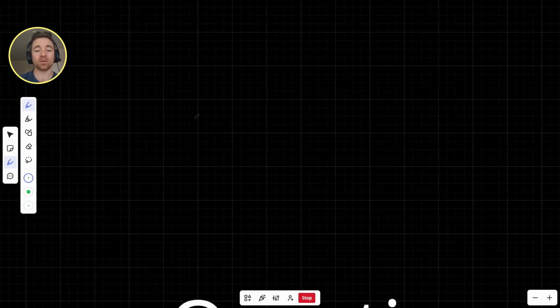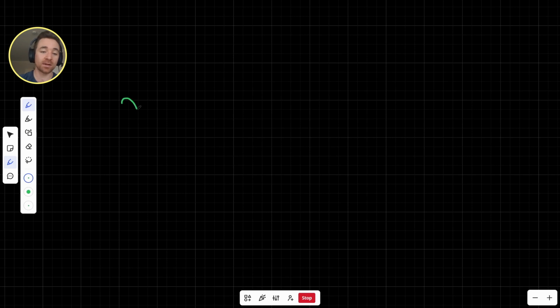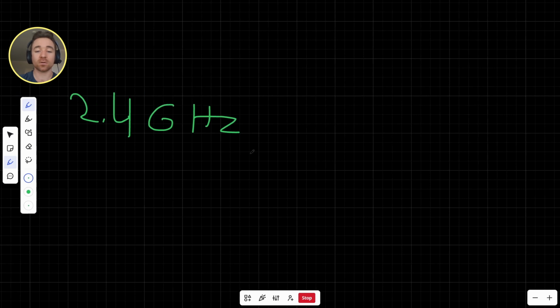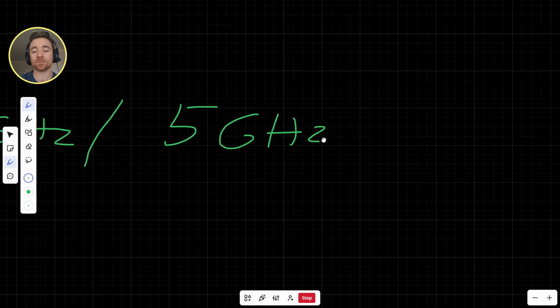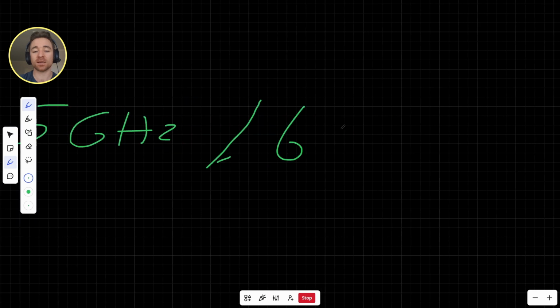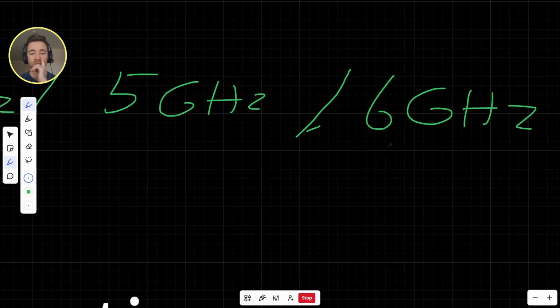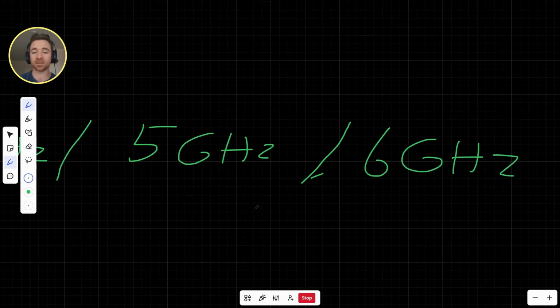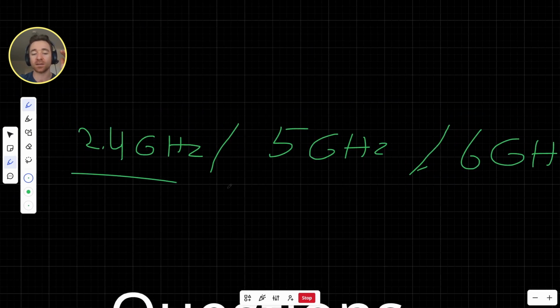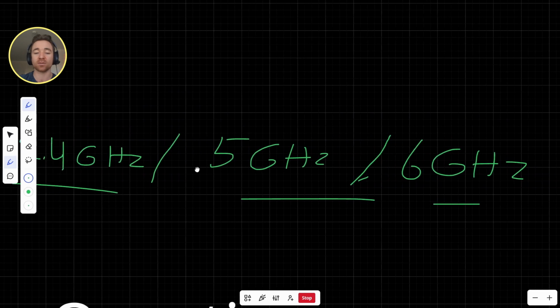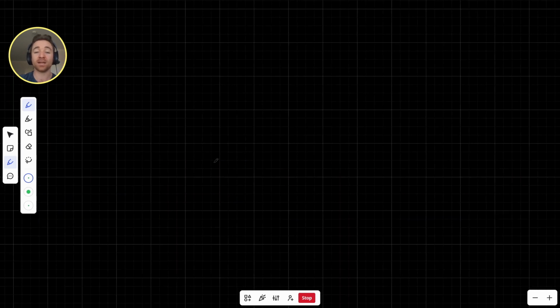So what that means is you might have to choose between 2.4 gigahertz or 5 gigahertz or 6 gigahertz. You might say, okay, based on your scenario, which is you want to be able to go really far distances through a lot of walls and you want to avoid interference, you'll need to use either this or this frequency, right?